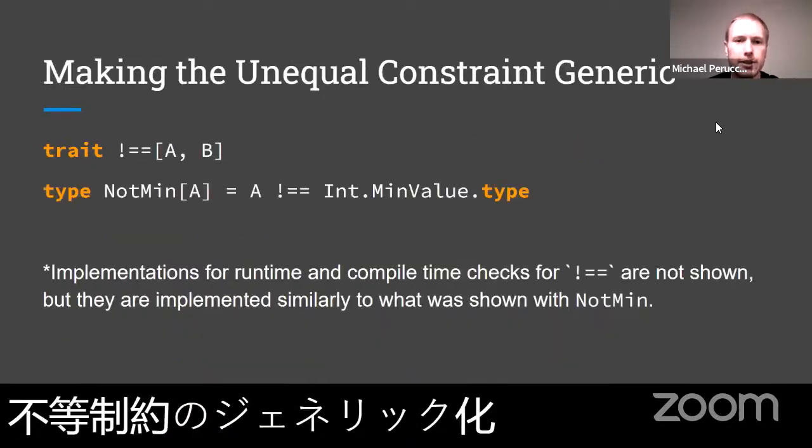Now if we want to take this farther, we can make this compile time check generic. So we can create just a trait that takes two values and checks if they're not equal to each other. And so with that, we can now use this in a more generic way.